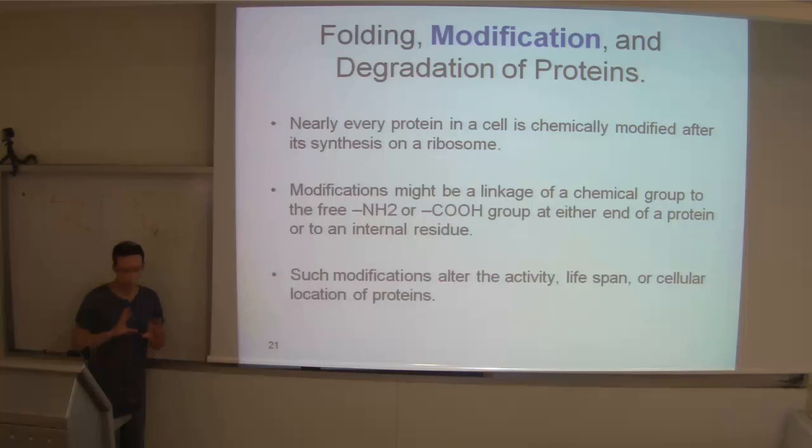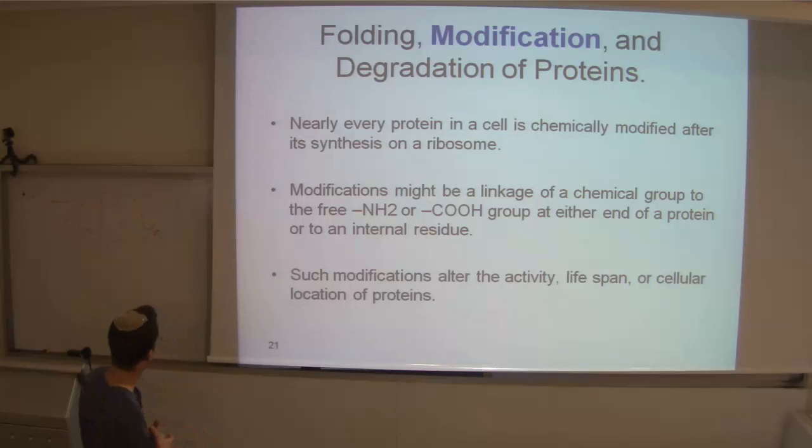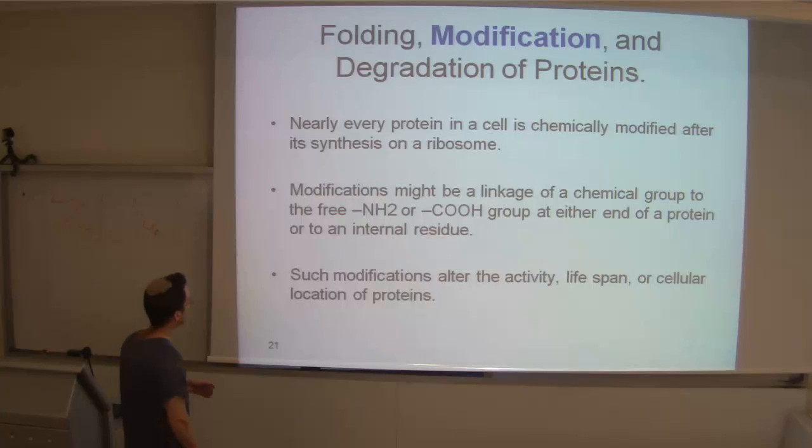Okay, so that was protein folding. Let's proceed with modification. It's a very frequent event. Nearly every protein in a cell is chemically modified after it is synthesized on the ribosome.